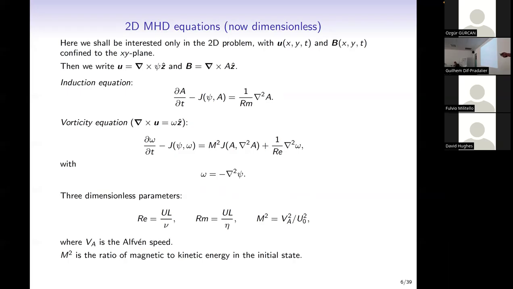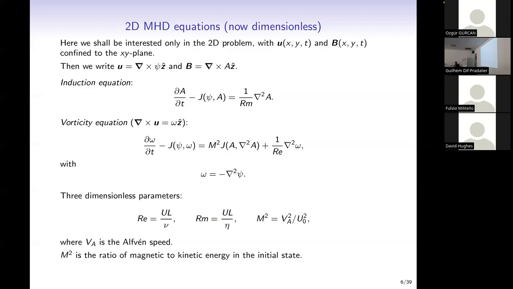Probably worth just pointing out the notation, because what we call psi, you guys don't call psi. What we call A, I think you call psi. Loads of room for confusion. So it's 2D. So we have a stream function, which I'll call psi, and a flux function, which I will call A.